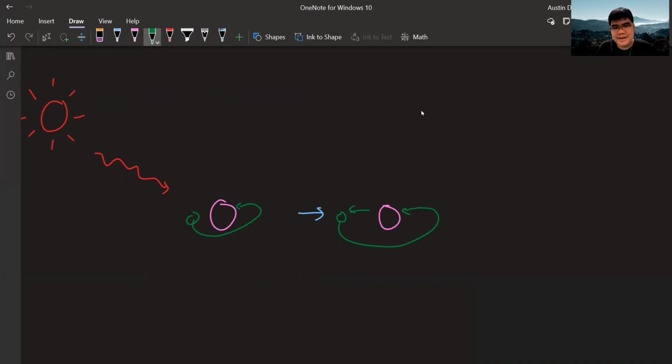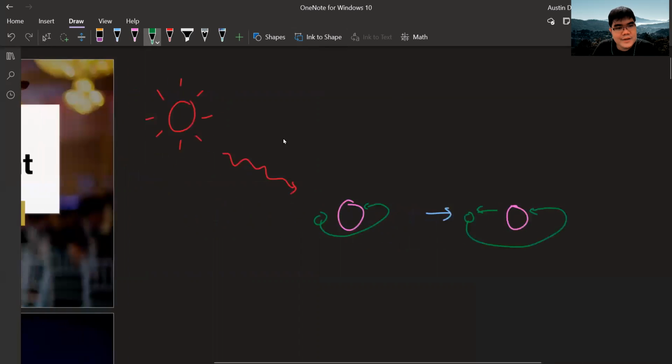So by changing your orbit, you actually accelerate. Okay? And if you decrease your orbit, you actually decelerate.